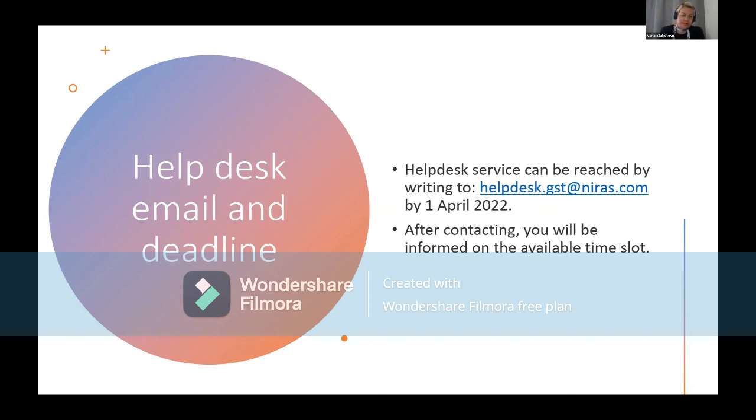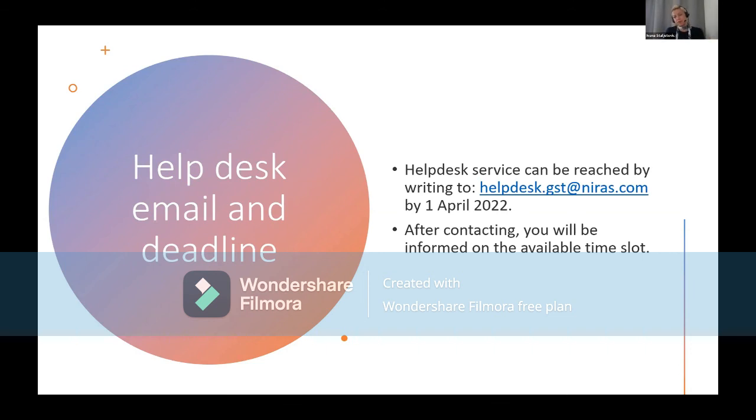So this date could be slightly postponed for sure for the particularities of this lot. And anyhow, whenever you will feel that you need support, try to ask for help.